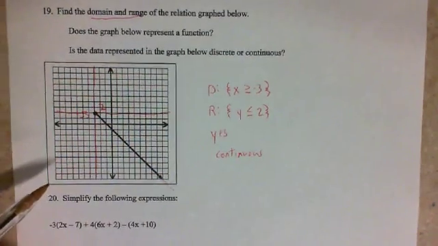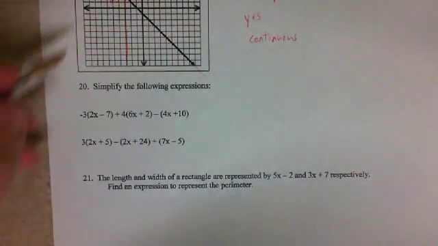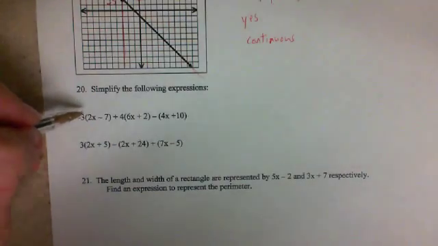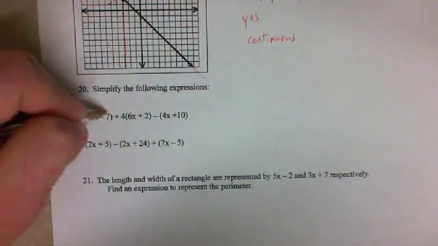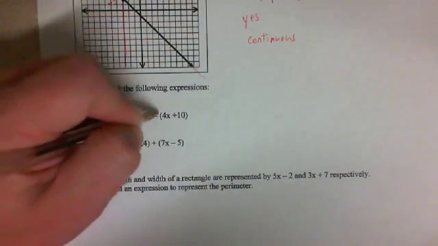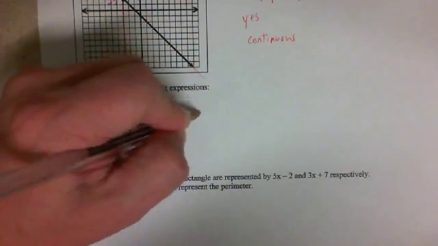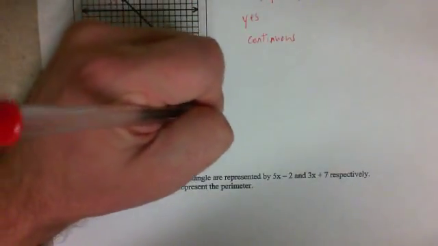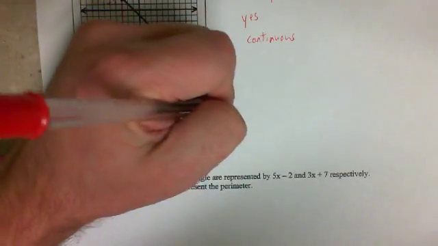Alright, finally we're going to simplify the two expressions here. So guys, when we simplify, remember you're only doing two things: distributive property, combining like terms. So if we start by distributing the -3 and the +4 and the negative sign, then we can do our combining like terms. So -3 times 2x, -6x. -3 times -7, +21.